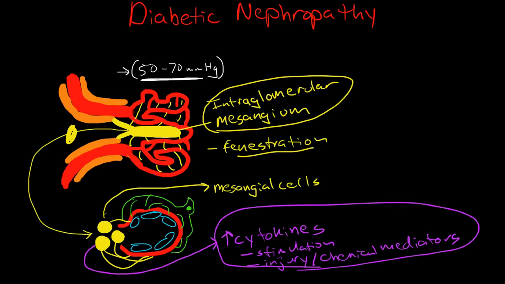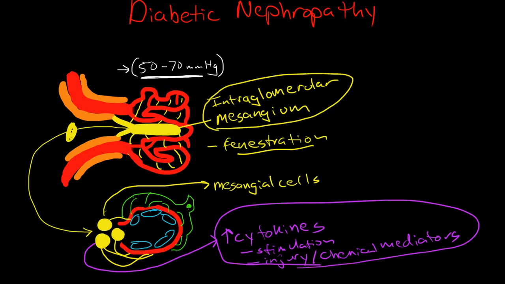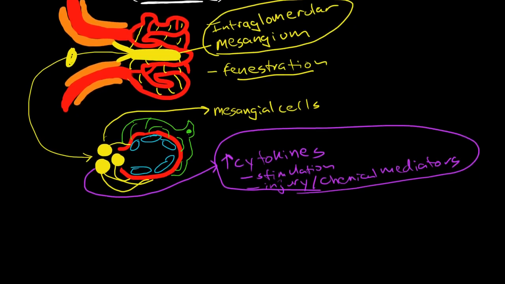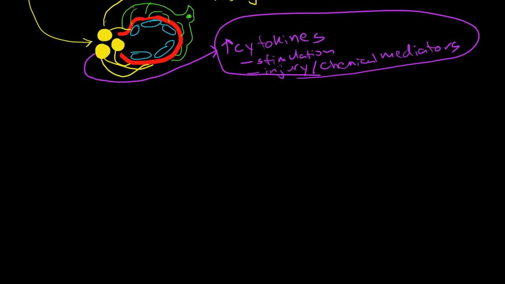Now, the mesangial cells play a very central role in the pathogenesis of diabetic nephropathy. So what we know is that these mesangial cells are going to respond in diabetic nephropathy to two inputs.